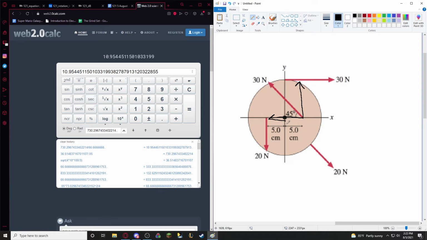What is the x component going to do torque wise? The x component's going to pull it downwards, so counterclockwise. Is it? But it's pulling out to the left.